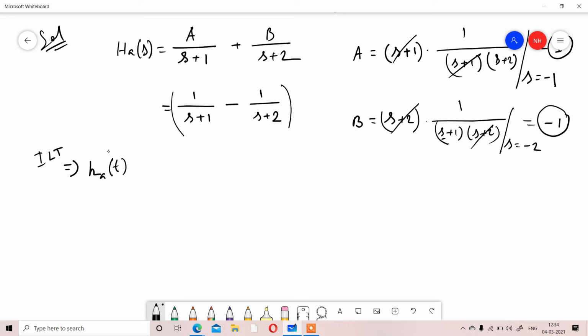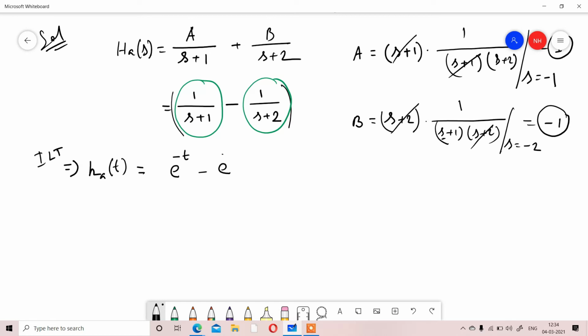So now over that, if we use the inverse Laplace transform to get h(t), what will you get? Inverse Laplace transform over that expression minus inverse Laplace transform over that expression. What value will you get? Give me the answer. Sir, e to the power minus t and e to the power minus 2t.